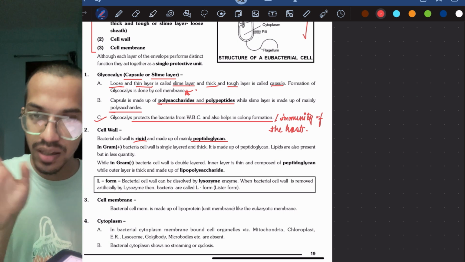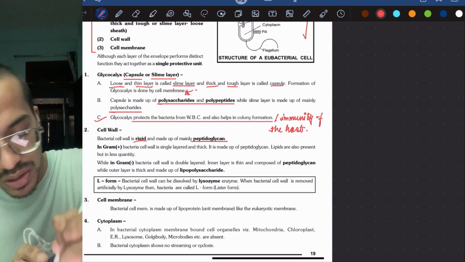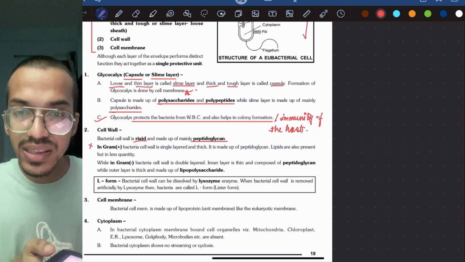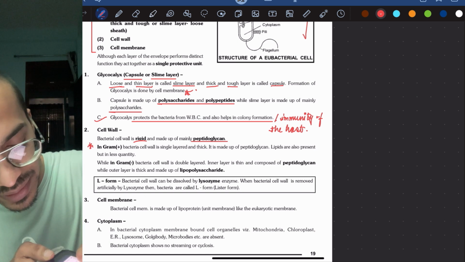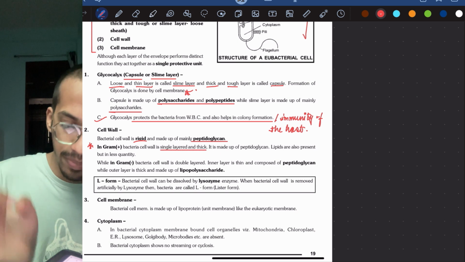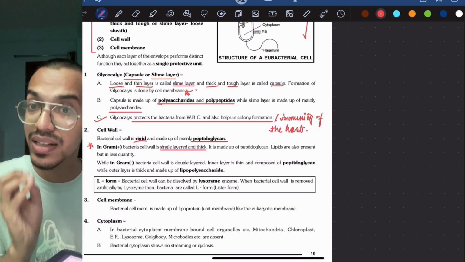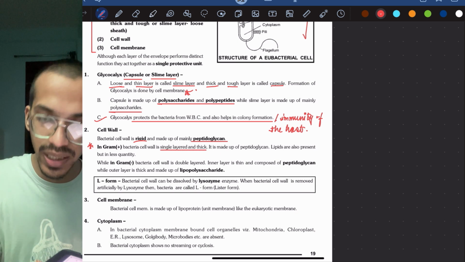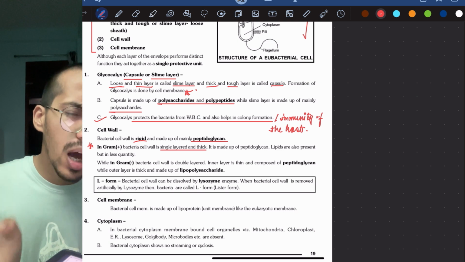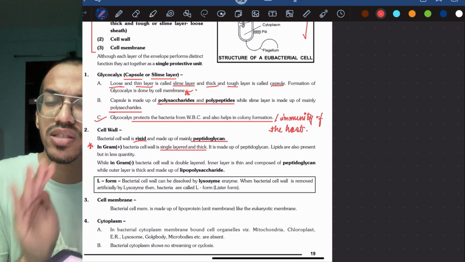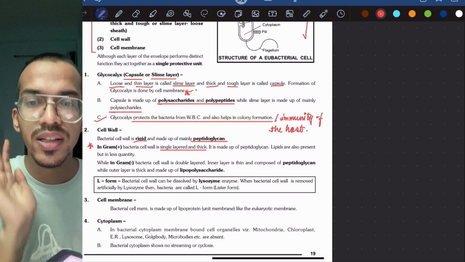But for example, here you understand that in gram positive bacteria, the cell wall is single layered and thick. It is made of peptidoglycan. Lipids are present in less quantity. These factors will come again, but for now just remember that gram staining is related to the cell wall.